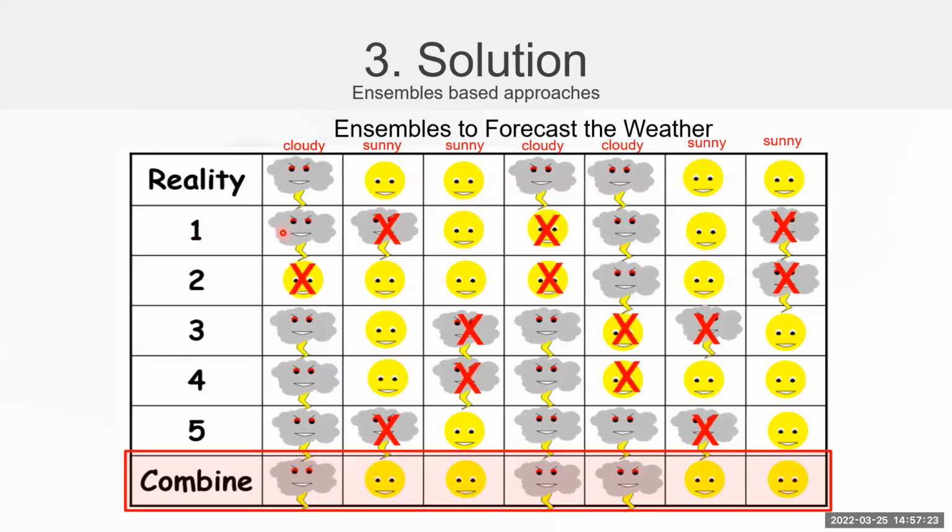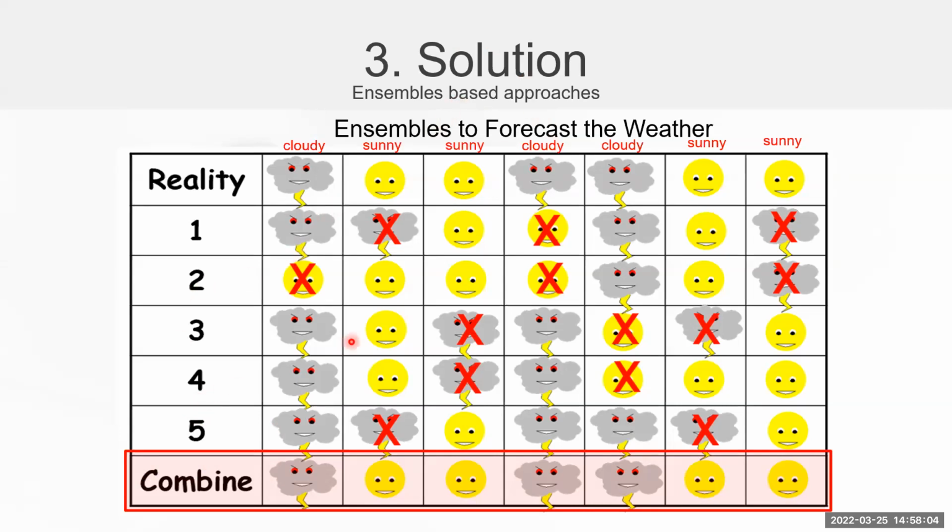He guessed that from the data that the machine learning learned, he concluded that it will be cloudy. Second model, no, it is not cloudy, it is sunny. Third model, he predicts cloudy. Fourth model cloudy, fifth model cloudy. So what is the result of the prediction of the ensemble?